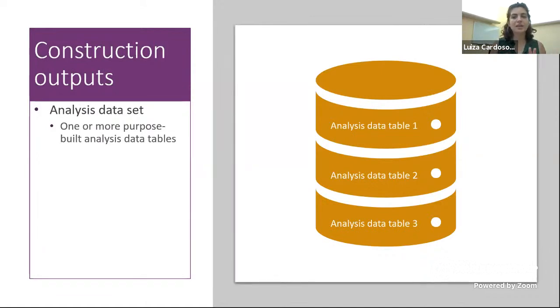Why can it contain multiple data tables? Because when we get to analysis, we stop thinking about the unit of observation, that is, the level at which we actually measured stuff, and we start thinking about the unit of analysis, which is the level that actually matters for our research design.